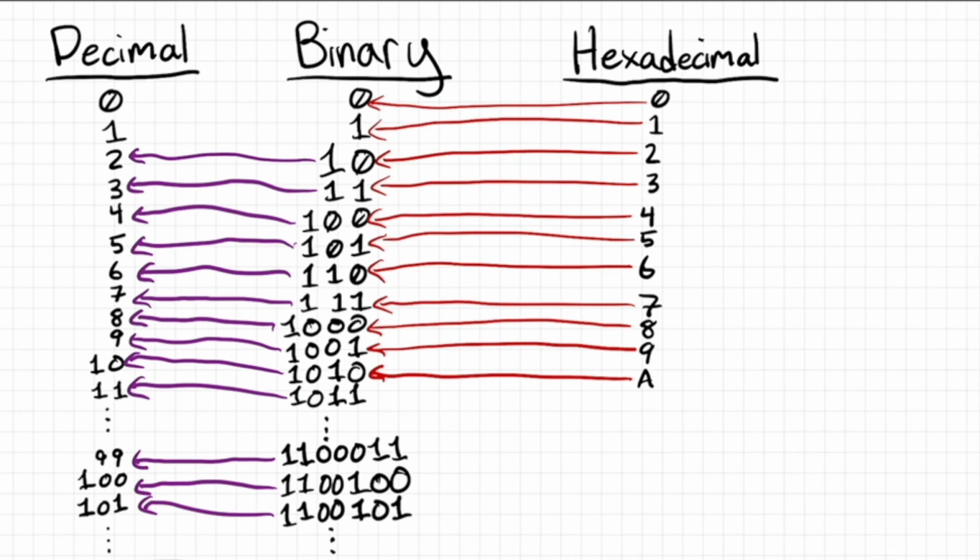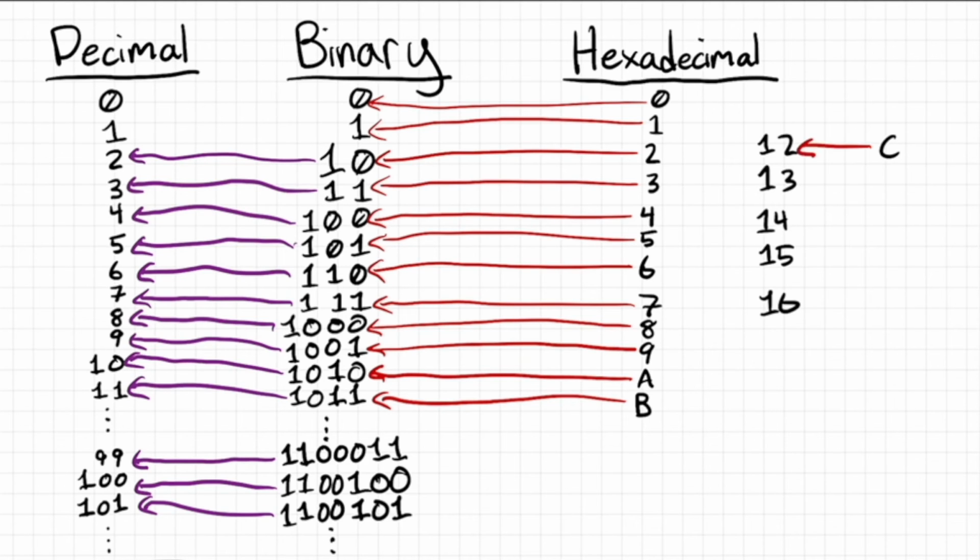If we wanted to represent 11, that would be B. Some other notable ones would be 12, 13, 14, 15, and 16. For 12, we have C. For 13, we have D. 14, we have E. And 15, we have F.